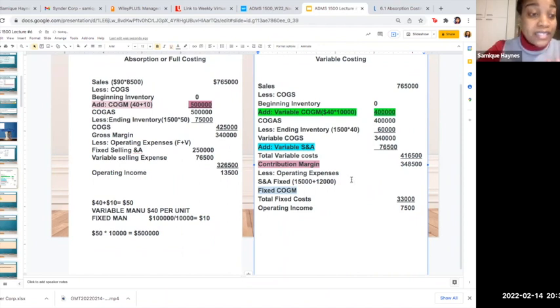So that's our fixed selling and admin and our fixed cost of goods manufactured. So what is our fixed selling and admin? Is it 250,000? Yeah, 250,000.